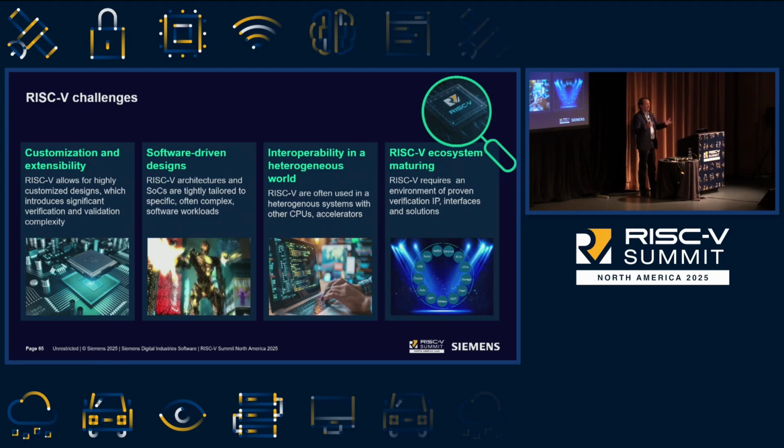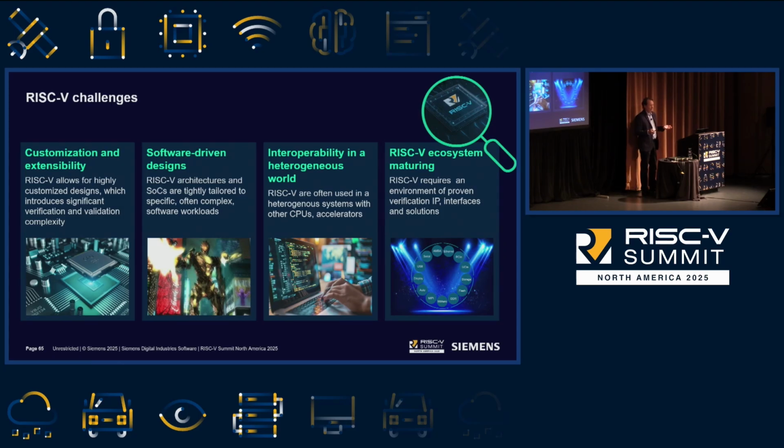So a lot of the challenges we see associated with RISC-V designs have to do with the types of designs we're developing today, which are largely software-driven designs tuned to work with a very sophisticated, complex software workload, and inherently very complex. When we talk about a RISC-V SoC, it's not just a RISC-V core and some memory behind it. It's a monster of a design with hundreds of cores, different accelerators, and so forth. Dealing with that class of designs is something we see very often in the context of RISC-V.